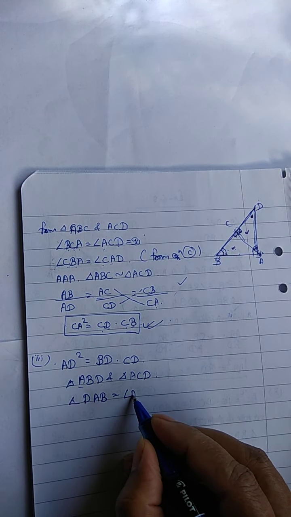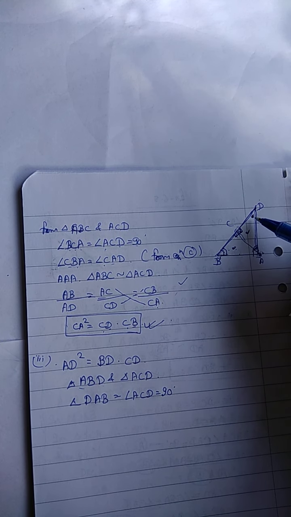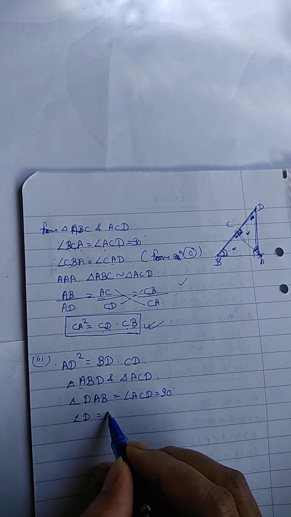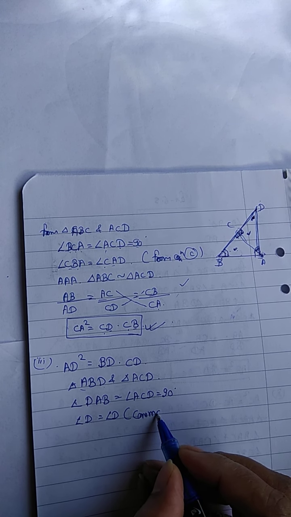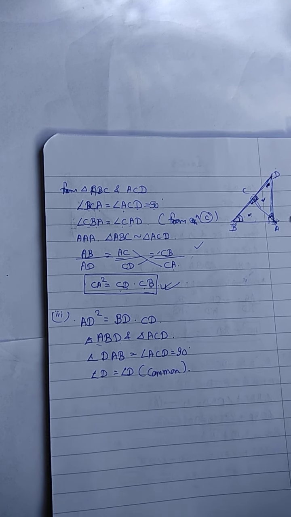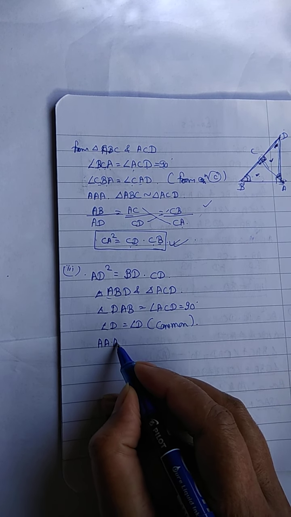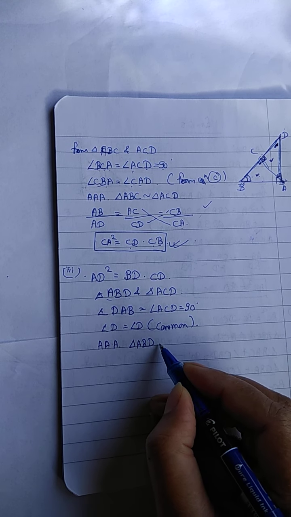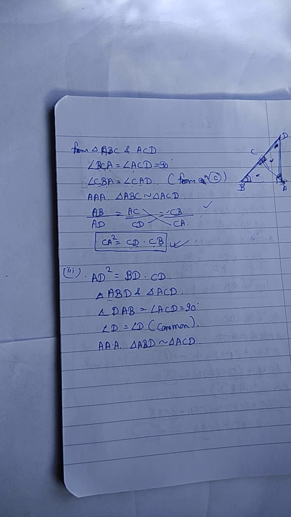Now angle D is common in both the triangles, so we write angle D equals angle D, which is common. So according to angle similarity criteria, both triangles ABD and ACD are similar.